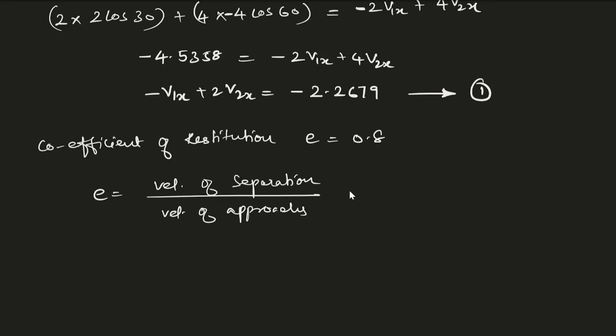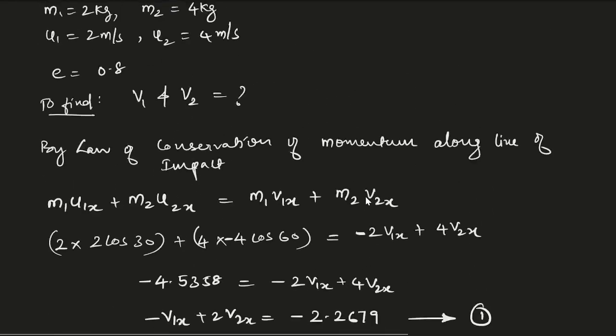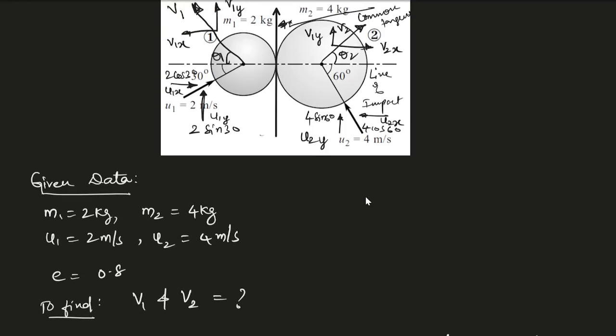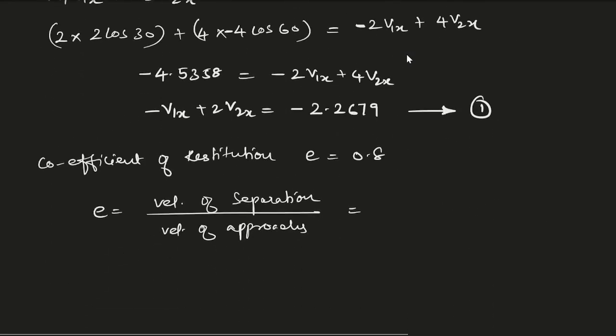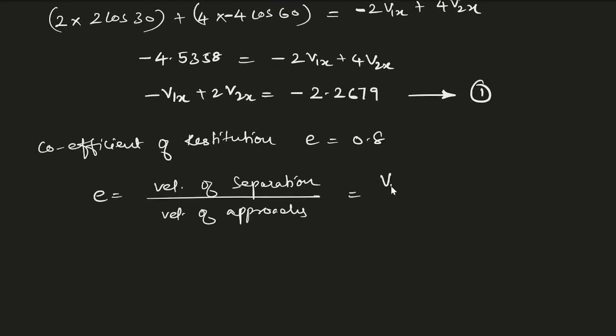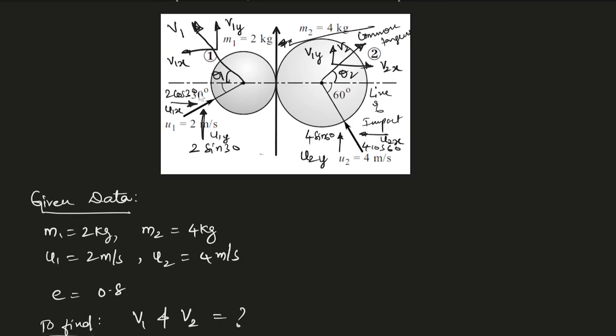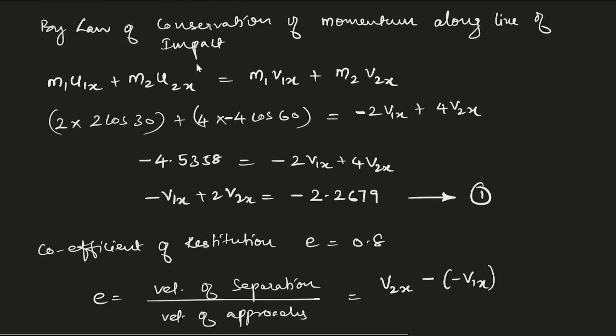Now according to this, what is the velocity of separation? Again it is in the horizontal direction. So here the velocity of separation is nothing but v1x and v2x. These are the separation, so we have v2x minus v1x. Why minus of minus? Because the direction of v1x is from right to left.